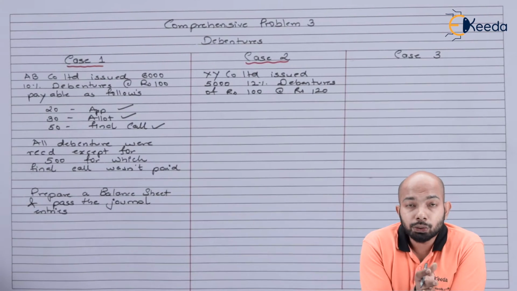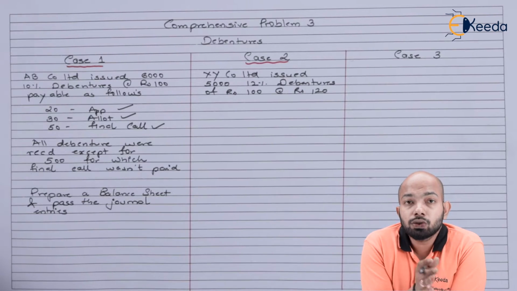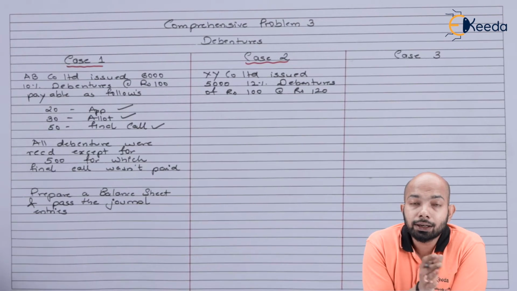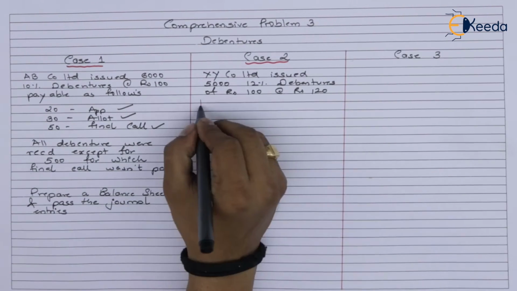Case 2 refers to XY Limited Company, which issued 5,000 12% debentures of rupees 100 at rupees 120, payable as follows.